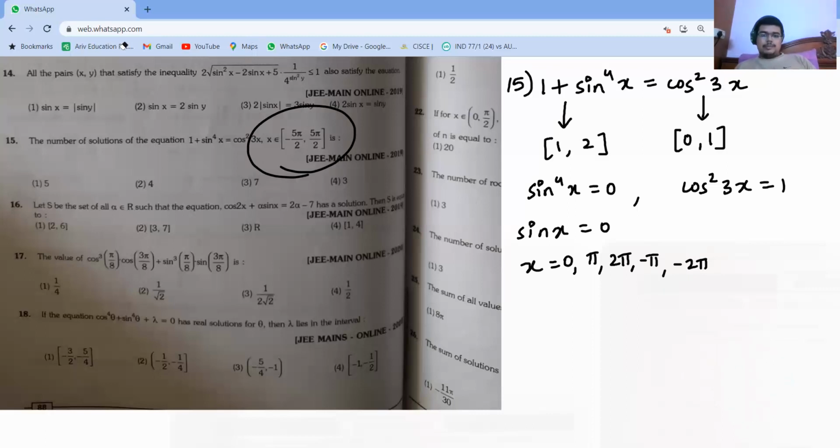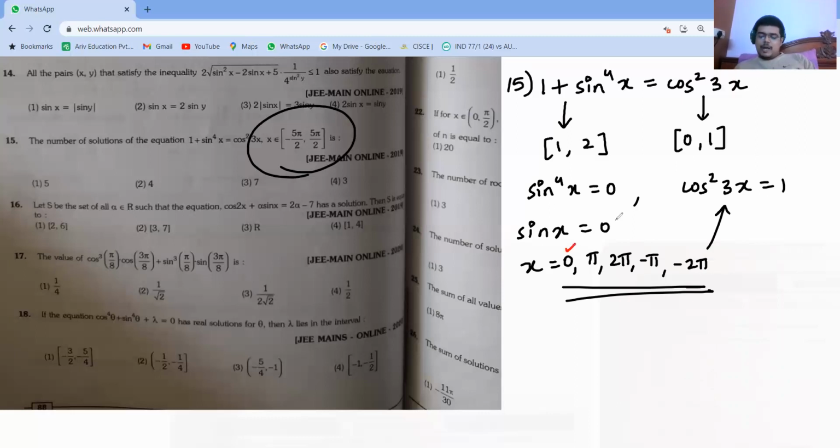अब आते हैं सेकंड वाले पे. cos square 3x is equal to 1. Actually we have to do a very simple thing guys now. हमें तो common solutions चाहिए. Let's not solve this equation. What we will do is you tell me out of these values which values will give the answer 1. क्योंकि हमें तो common solutions चाहिए. So when we put x as 0, will we get 1? Yes.